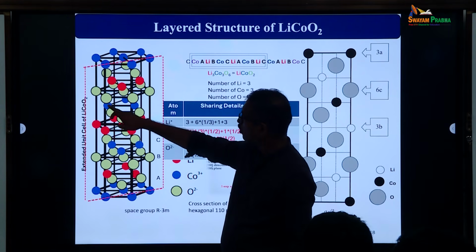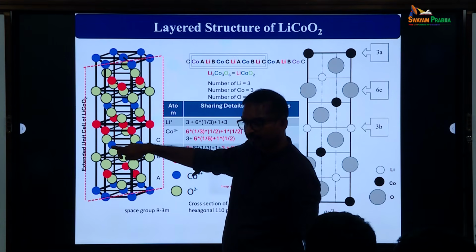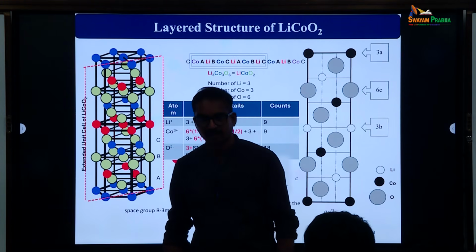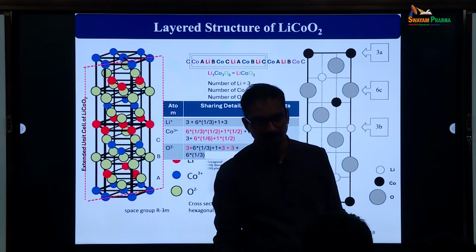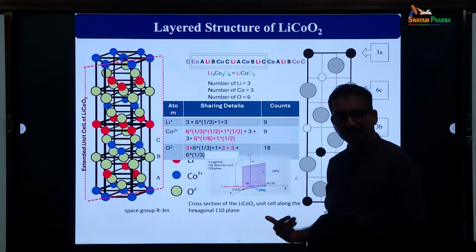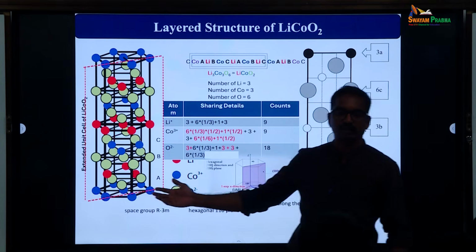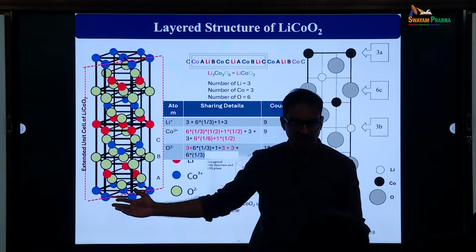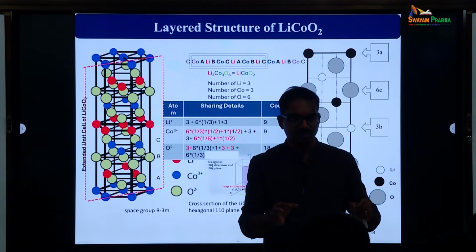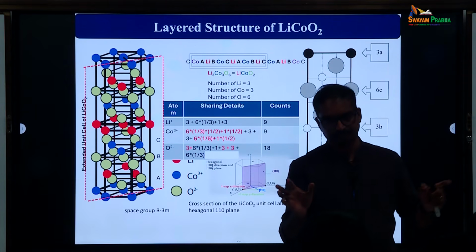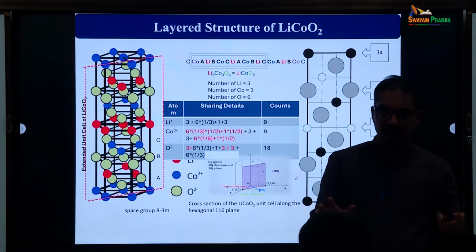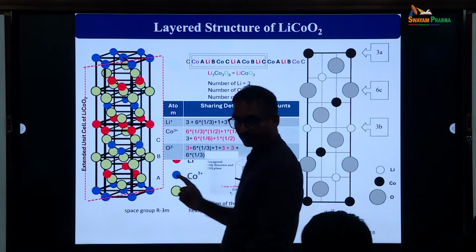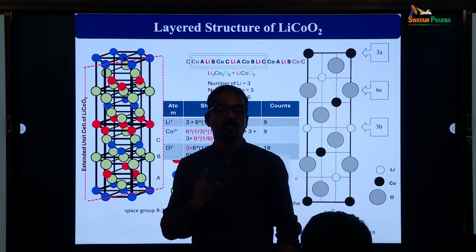Oxide, cobalt, this cobalt and this cobalt not same. This cobalt and this cobalt are same. Correct? Position wise they are same. So what I have done, basically I have given you here an interpenetrated structure of your anion and cation in triangular lattice with a FCC packing. With a FCC packing. That is what I have drawn. Now if you look carefully, I told you this has got a rhombus unit cell.